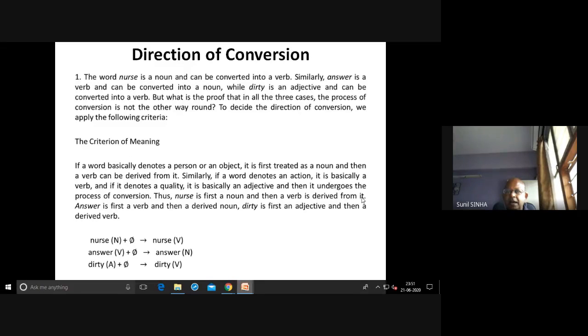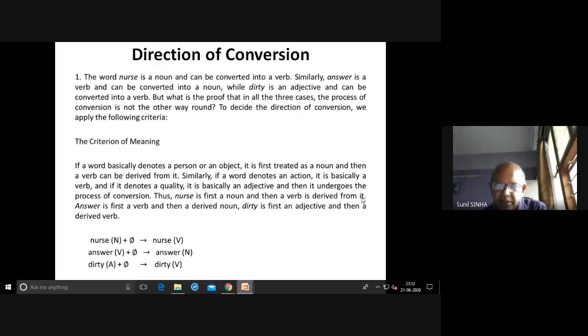Answer as a noun has been derived from answer as a verb. But why can't we say that answer as a verb has been derived from answer as a noun? Or dirty as a verb has been derived from dirty as an adjective. Why can't we say that dirty as an adjective has been derived from dirty as a verb?